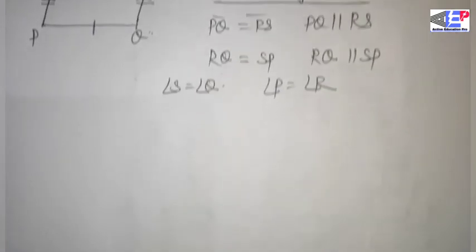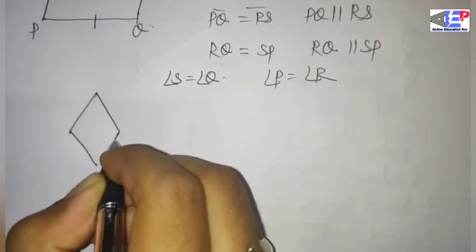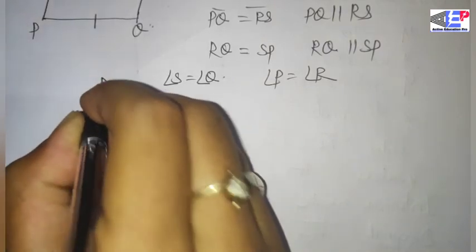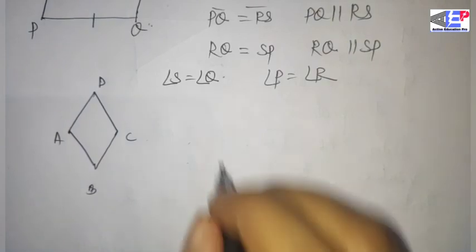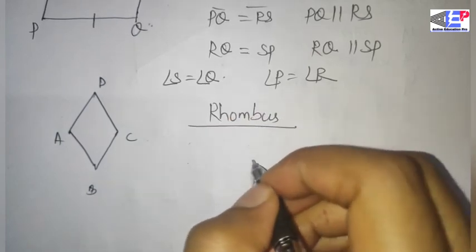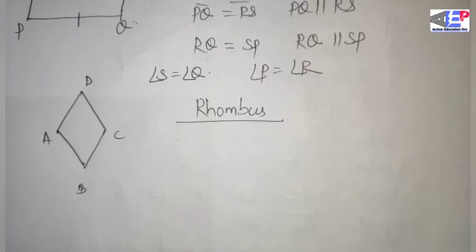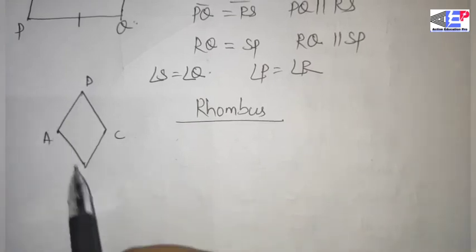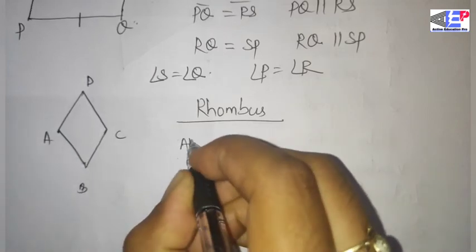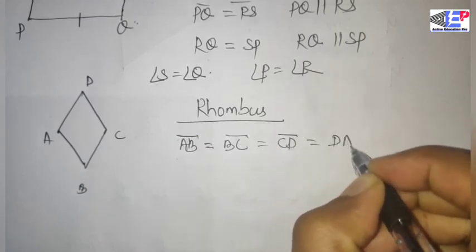Okay. Then the next figure is rhombus. In this quadrilateral, each side is the same. Means AB is equal to BC is equal to CD is equal to DA.